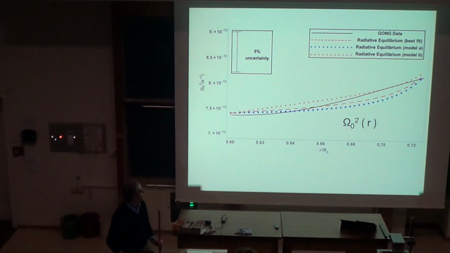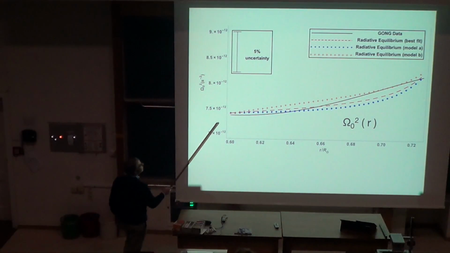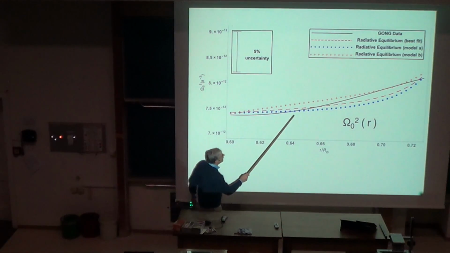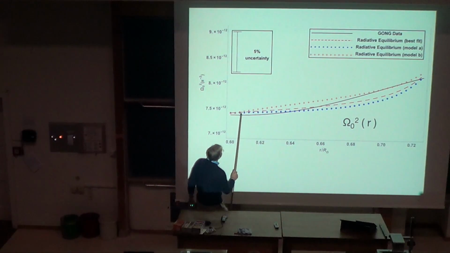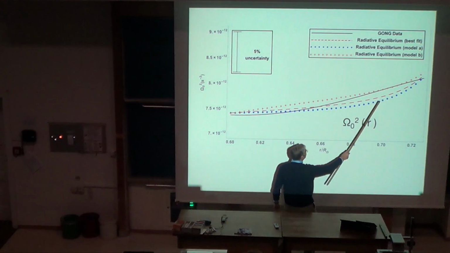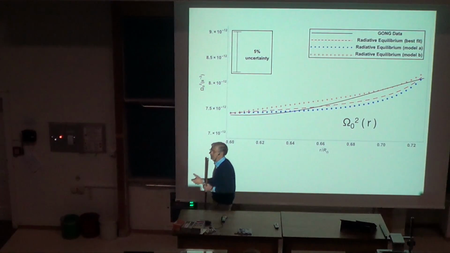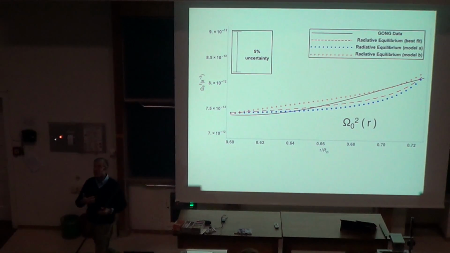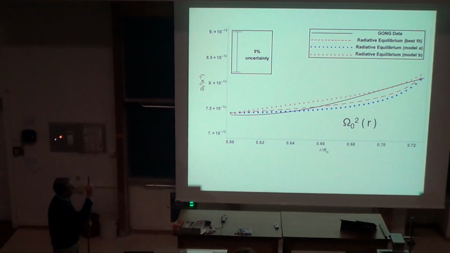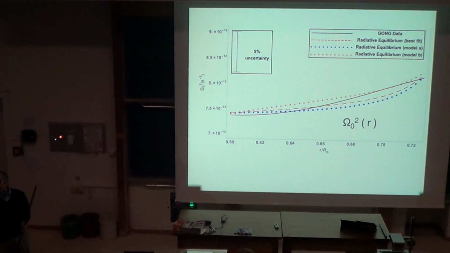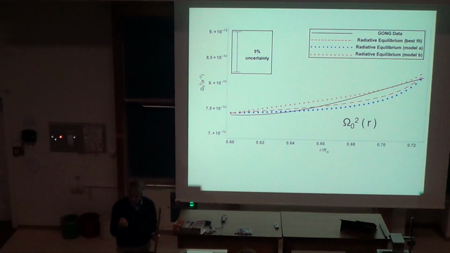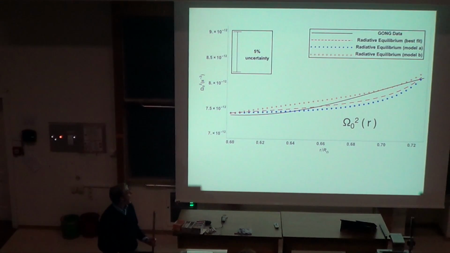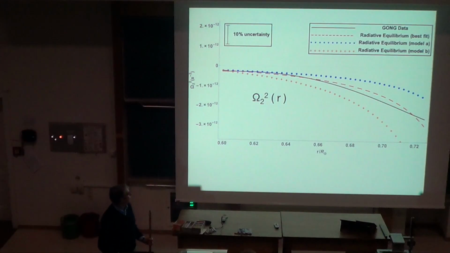And to make a long story short, black is the solution from the GONG data. The dotted lines were the solution that we found. The point being that given the uncertainties, which are actually very large, to reproduce what the sun is doing on the basis of a model which demands radiative equilibrium actually works extremely well.